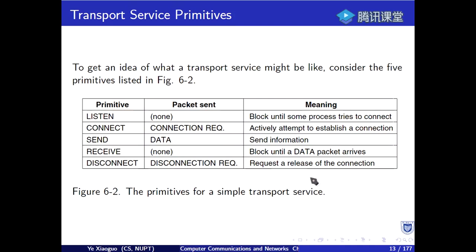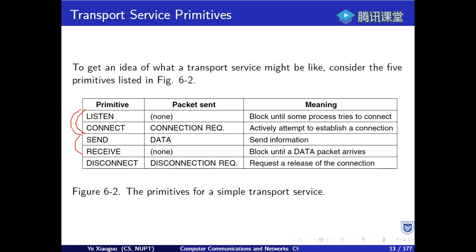This table lists some transport service primitives, including listen, connect, send, receive, and disconnect, five primitives. Listen and connect are used to establish a connection.